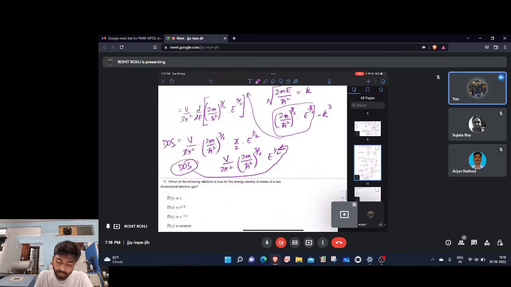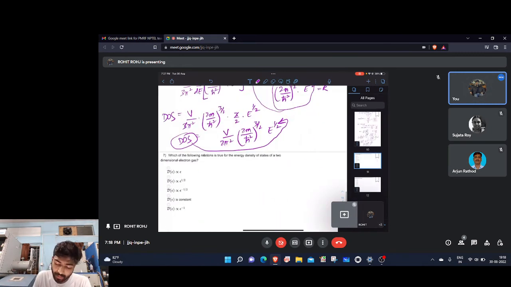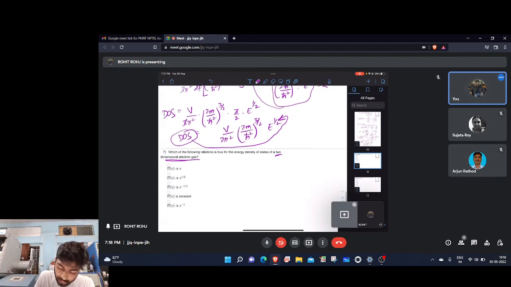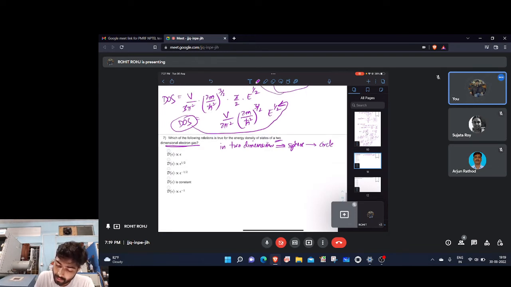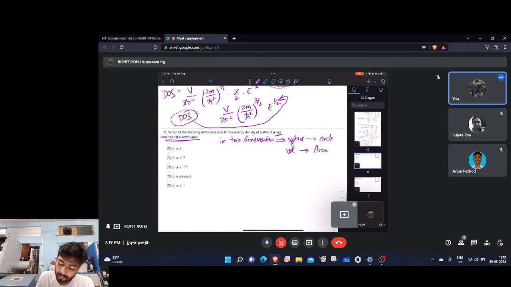Now we can follow the same strategy for calculating the density of states in 2 dimensions. In 2 dimensions, the sphere which we considered above would be replaced by a circle, and volume would be replaced by area.